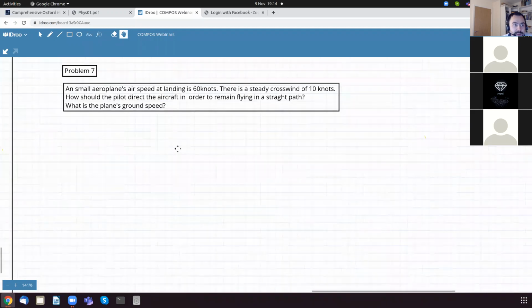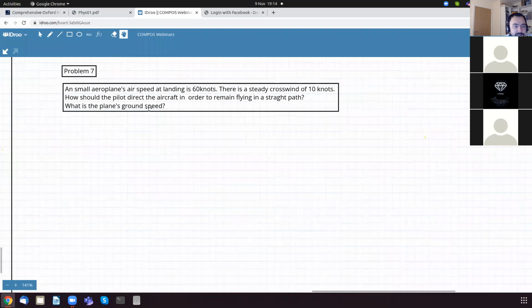Now, we are a bit short on time, but problem 7 is very similar to what we did before. A small airplane's airspeed is 60 knots. There's a steady crosswind of 10 knots. How should the pilot direct the aircraft?